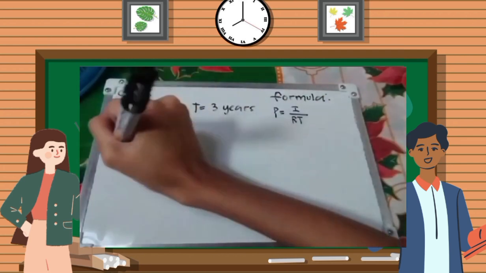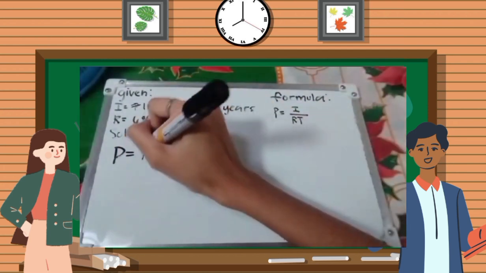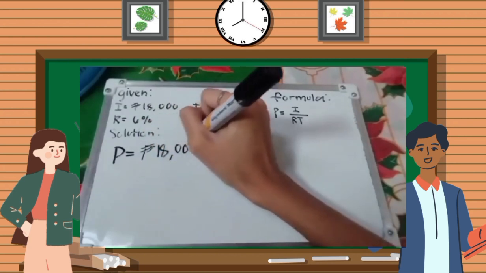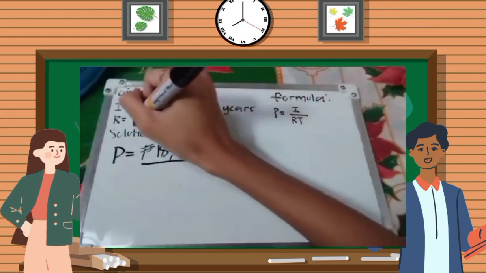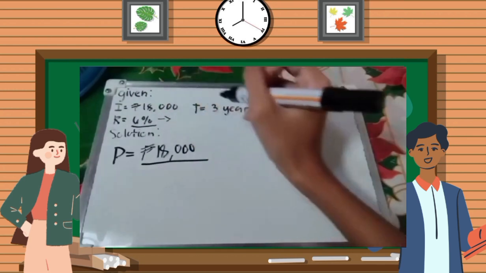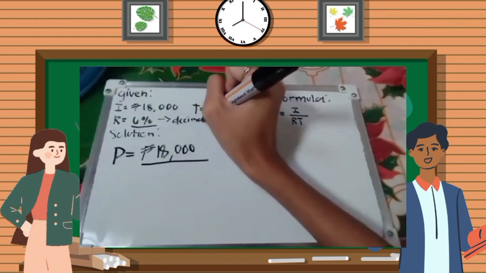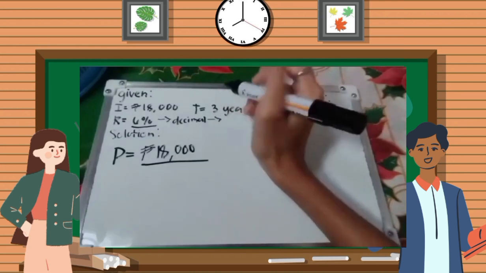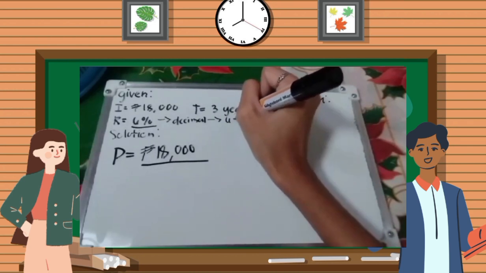Let's solve the problem. P is equal to 18,000 pesos over... now let's convert 6% to a decimal. The formula is 6 divided by 100.